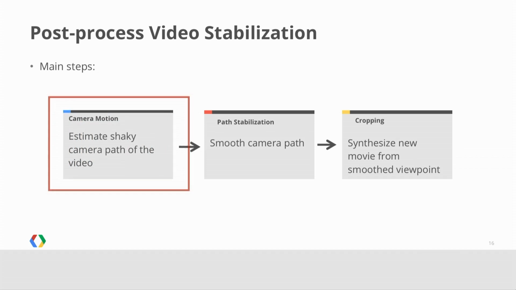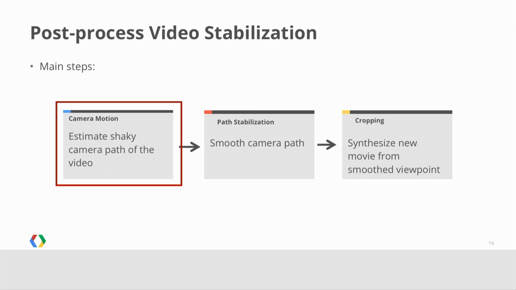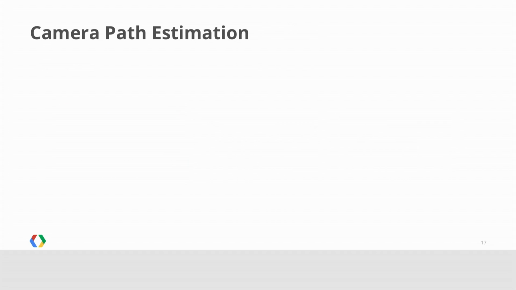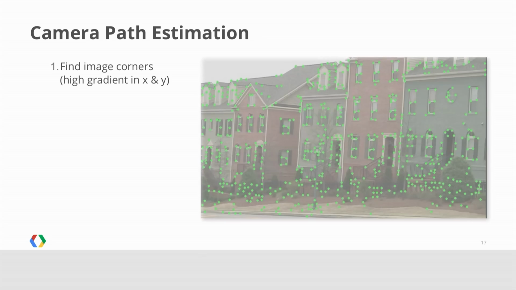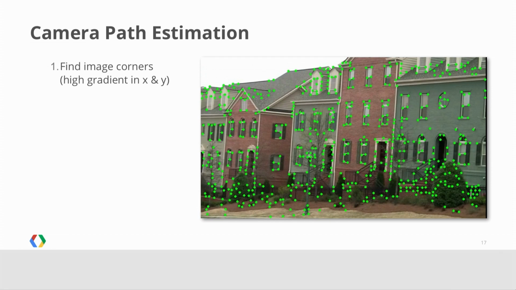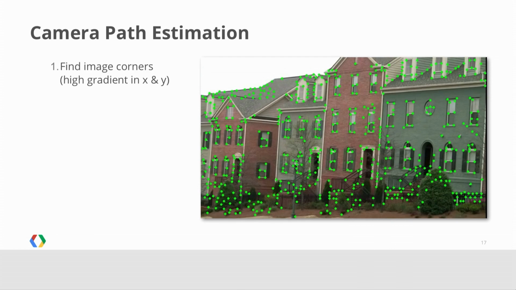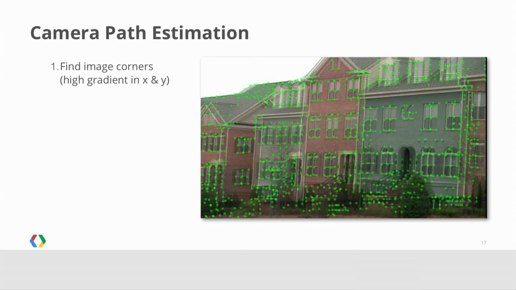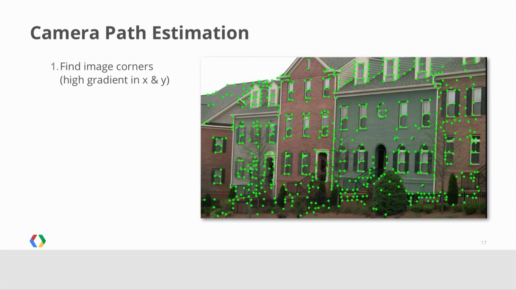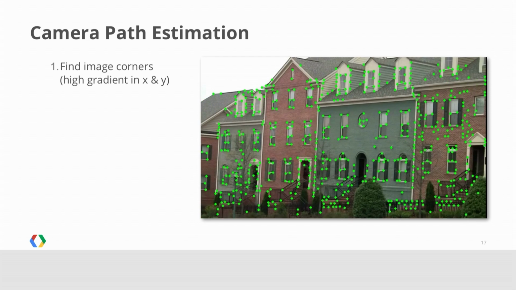So let's talk about estimating the shaky camera paths from a given video. Now remember that what I told you was that we only look at the pixels within the video to compute the camera motion. In this case, what I'm showing you here are these green dots, which are what we call local features. These are pixels which have high gradients in the x and y direction, which means these are things like corners.